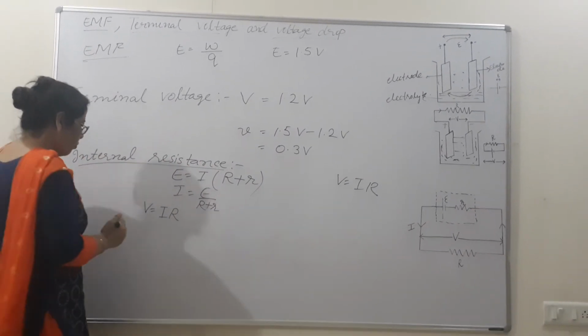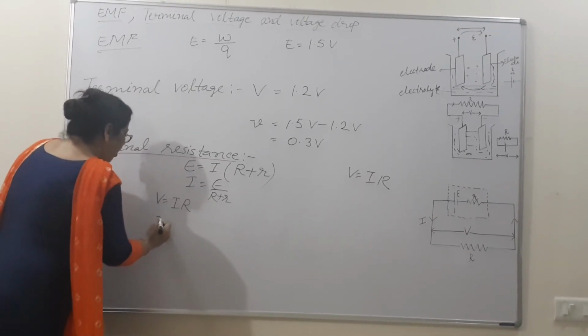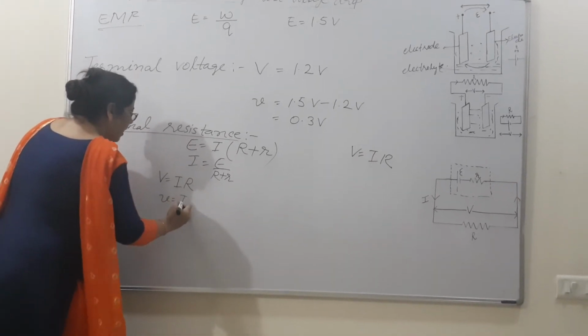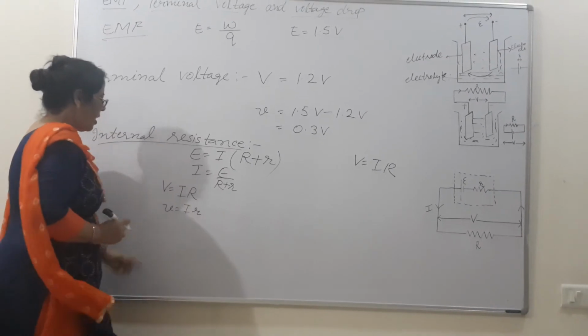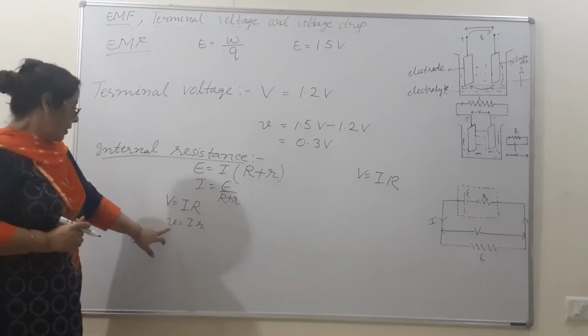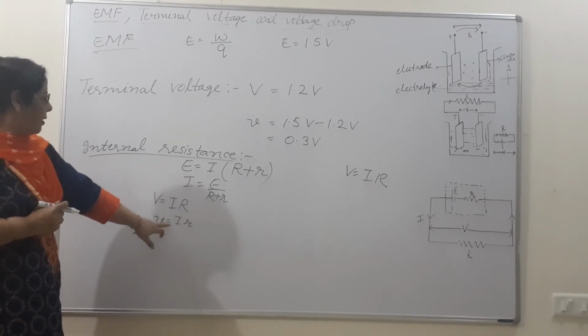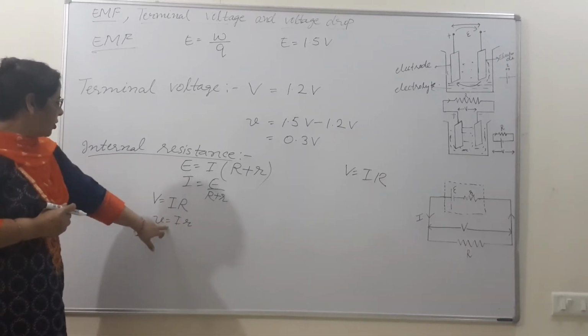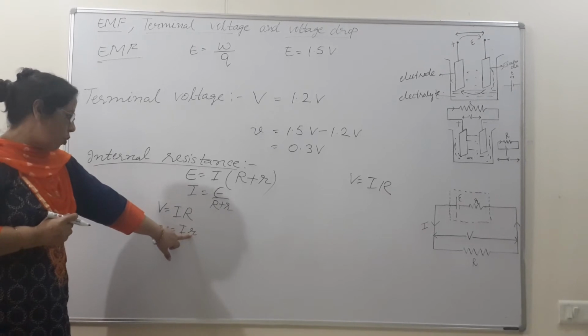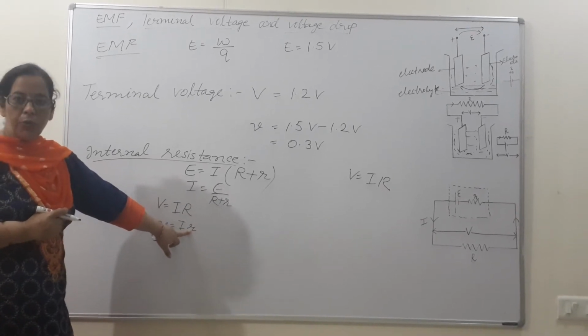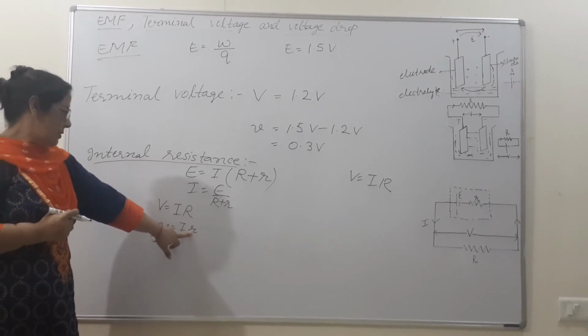The next is voltage drop. What is voltage drop? Its formula will be I into small r, because it is associated with the cell. Here V is equal to I multiplied by small r. Only we will include the internal resistance.